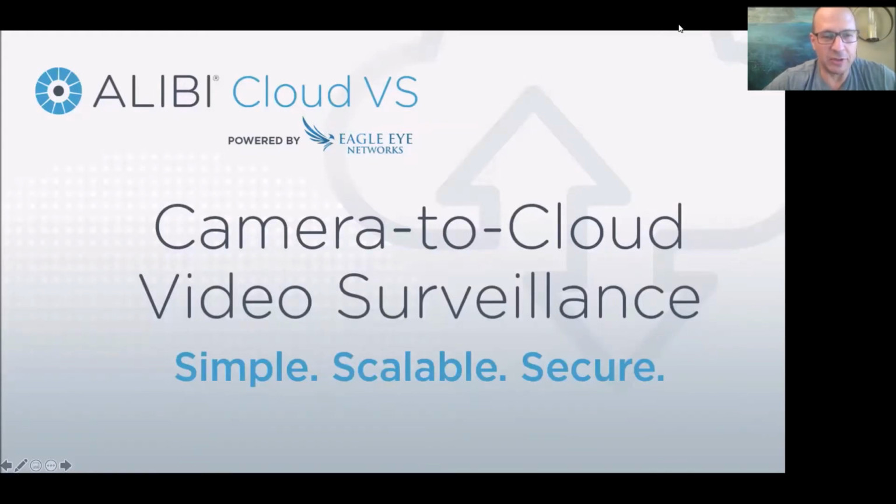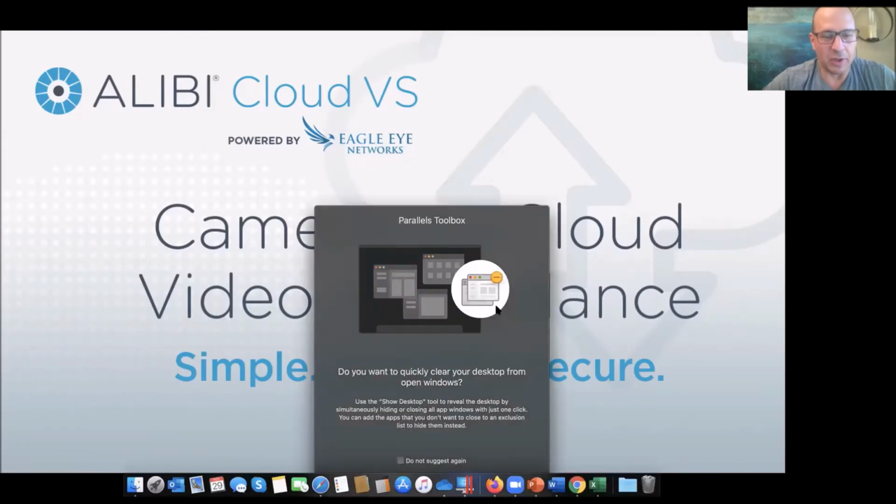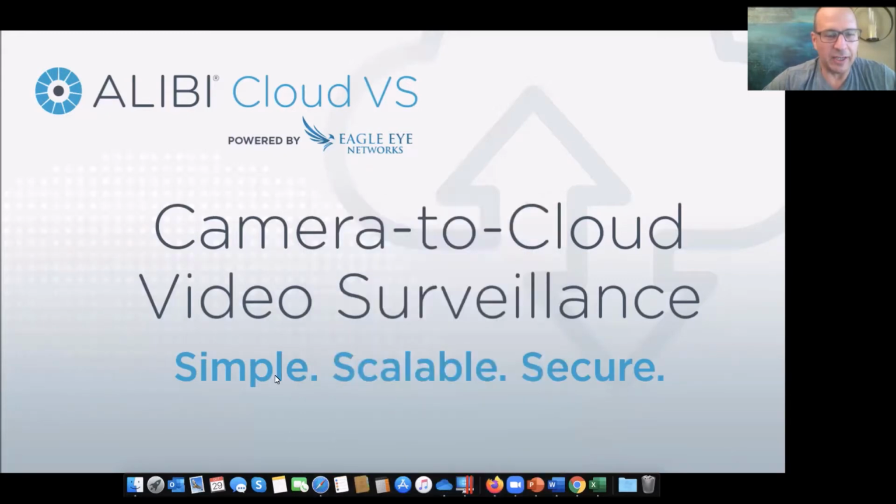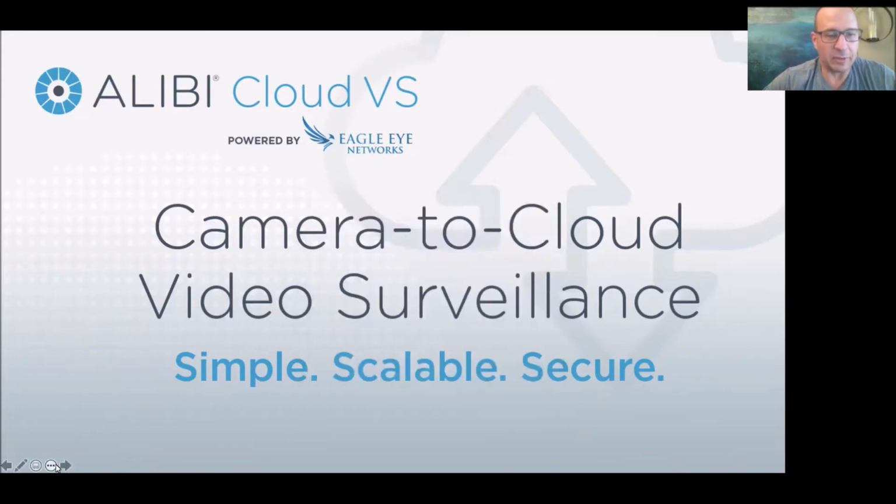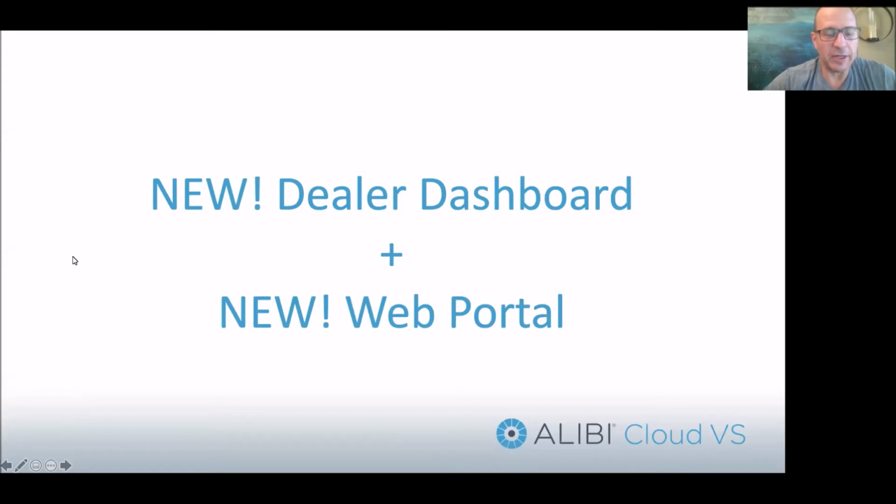You launch a new solution and you're just cognizant that the thing works to begin with, it works the way you want it to, and then you start working on the roadmap features and functionality for that solution. So what we're going to dive into today with Keith as we talk about Alibi Cloud VS are some new features and functionality that really resulted a lot from our dealer feedback, right?